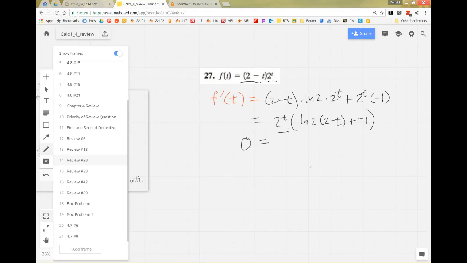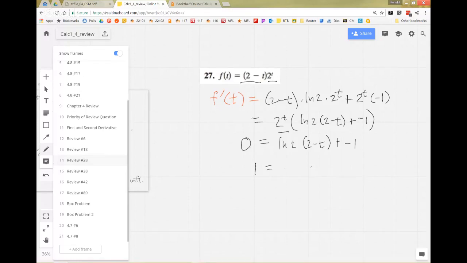It can't, right? Nothing you put on 2 will ever make it a 0. You can have a really large negative number that'll make it really close to 0, but it won't ever equal it. Okay, so we go to the second part, natural log of 2 times 2 minus t plus a negative 1. So let's add 1 to both sides.